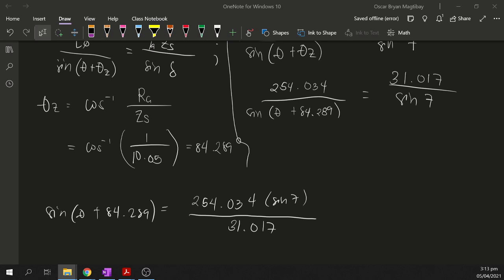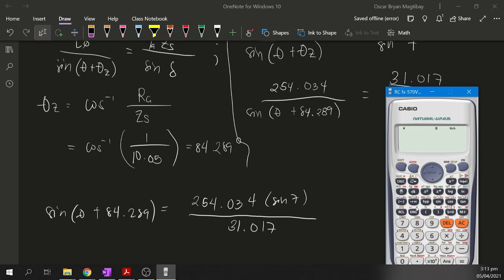So, calculator natin. So, 254.034 sine 7 all over 31.017.